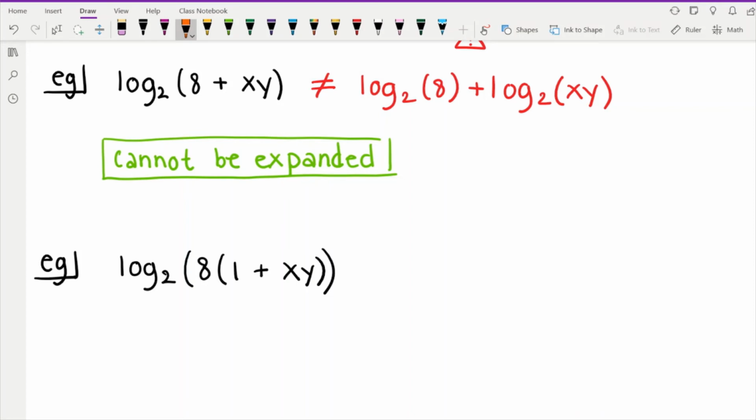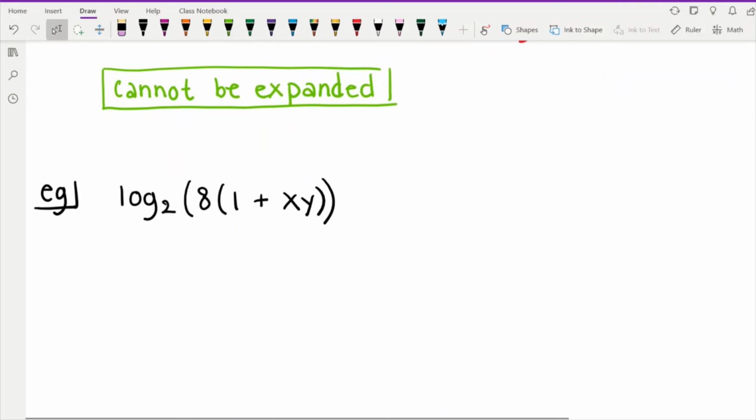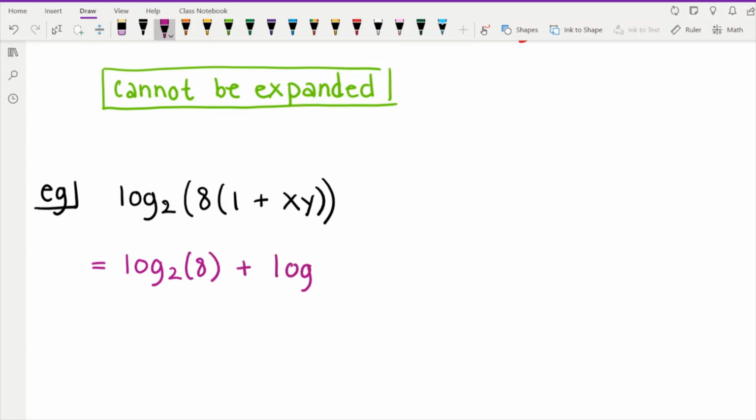So the multiplication is kind of the outermost thing that's happening in this function. Okay, so what does this tell us? Well, this tells us that we can break this down using the multiplication to addition rule. So we can rewrite this as log base 2 of 8 plus log base 2 of 1 plus xy.